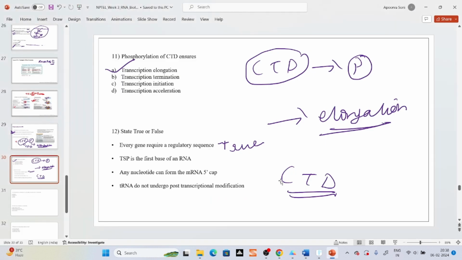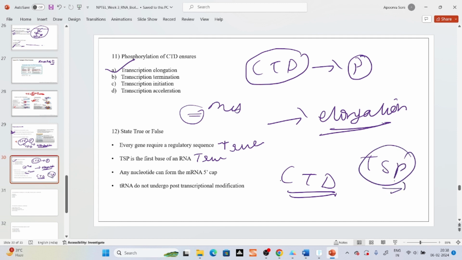So basically, the first base of RNA is at the transcription start point, so it is true. Wherever the transcription is starting, that is the first base of RNA. The language of this question is a little tricky. You just have to understand that the transcription start point will add the first base of the RNA. So this is true.